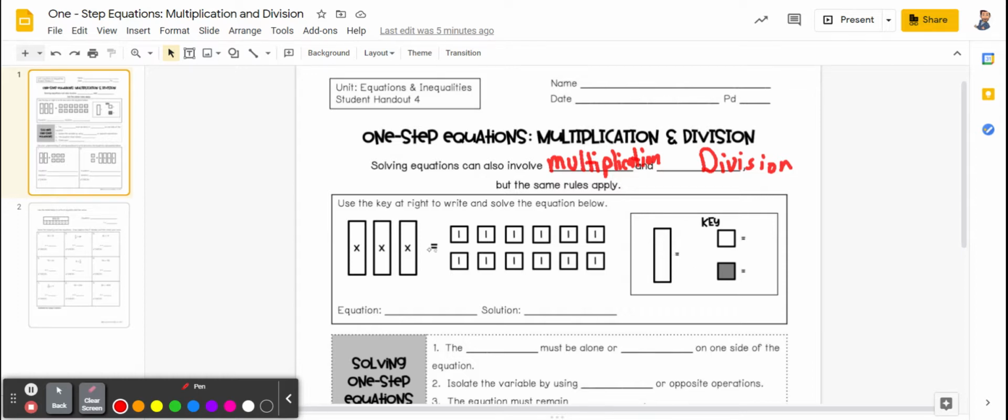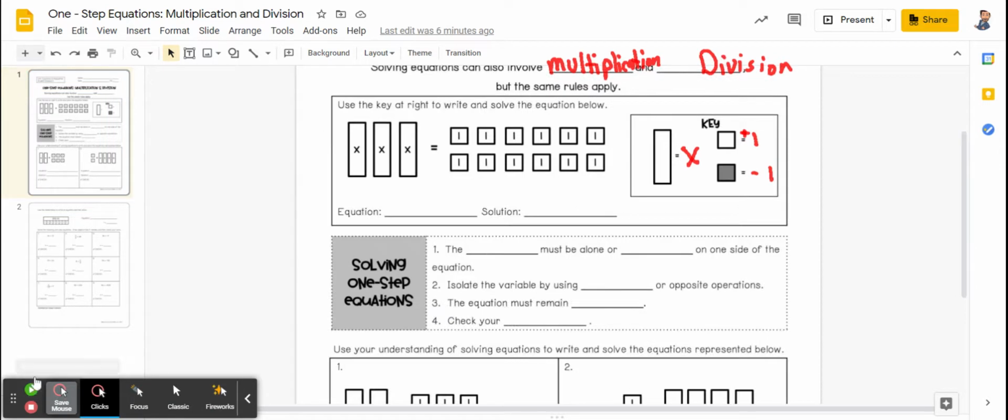So we know that the big one is going to equal x, and our white square is going to be 1, and our shaded square is going to be -1. Or we can put +1 here if we want to. Our white square is +1. Let's go down here and fill in this first one, solving one-step equations, the steps.